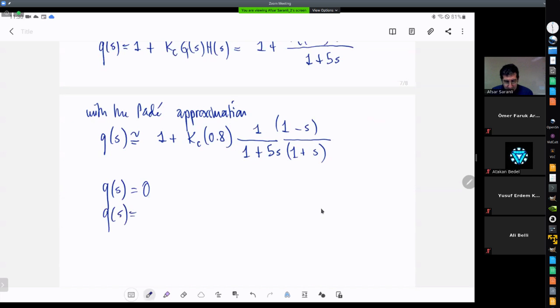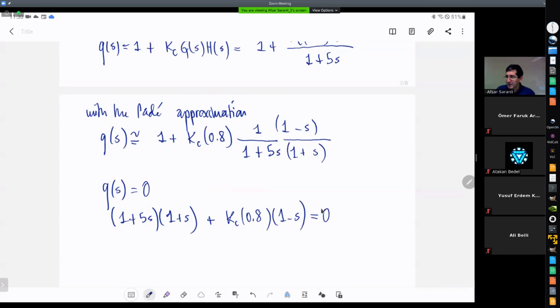That's going to give me simply an equation, no longer to write that again. So I'm going to have 1 plus 5s times 1 plus s plus Kc 0.8 times 1 minus s equals 0. The numerator of the characteristic equation expression.